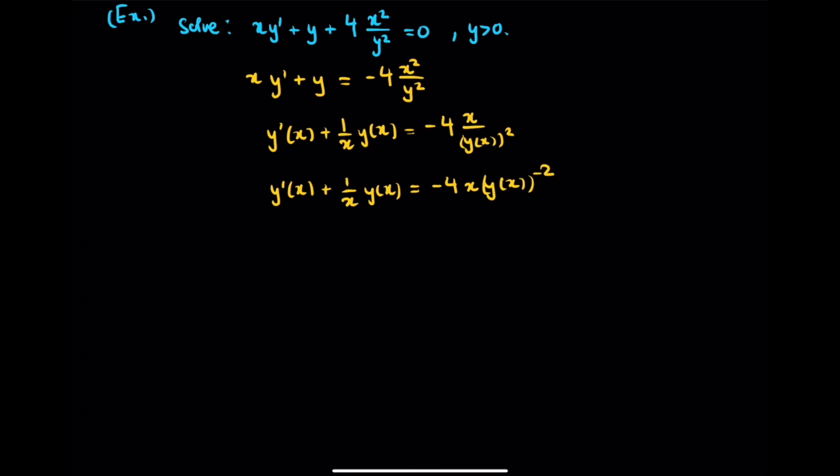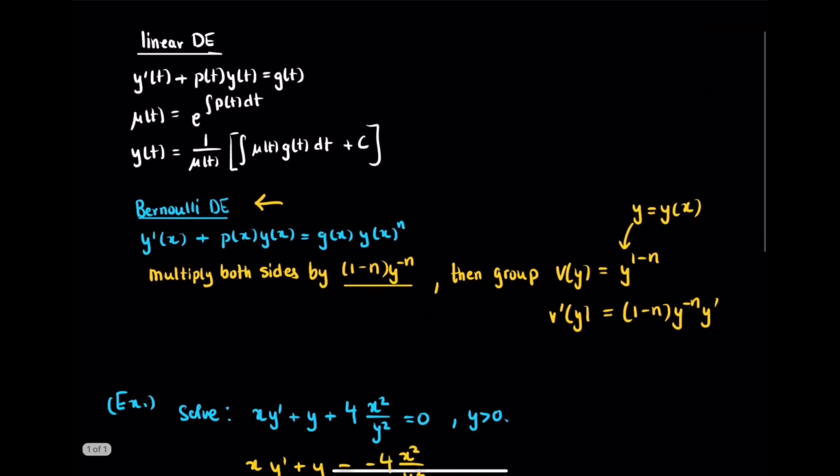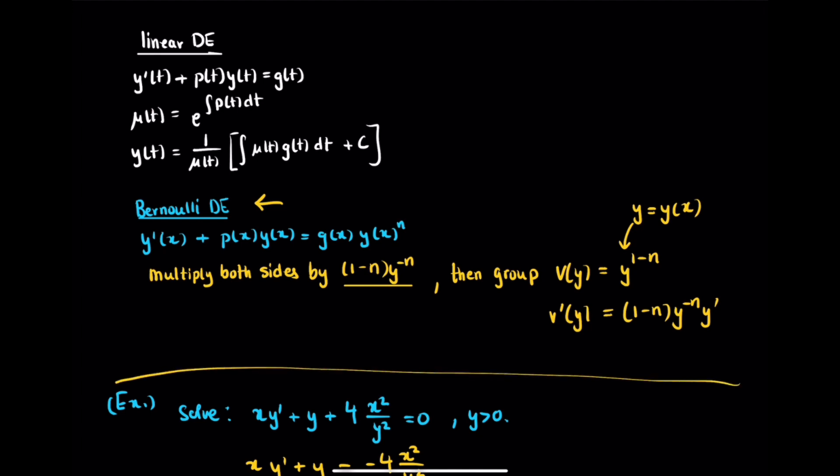So as I mentioned, first thing we want to do is multiply both sides by 1 minus n y to the minus n, and I should probably put a line here.